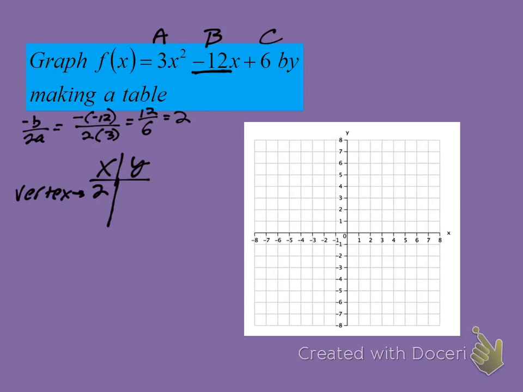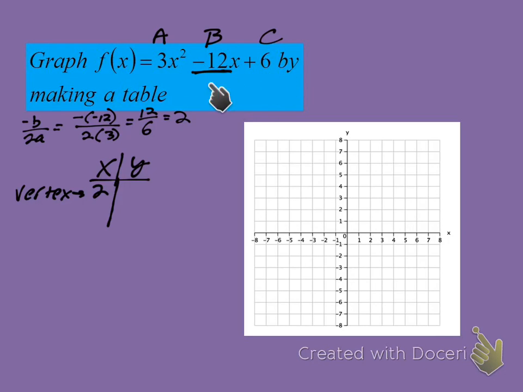That doesn't change whether you're talking about lines, quadratics, or polynomials. Same concepts, because remember last chapter where we were talking about relationships of numbers? These numbers are related by 3x squared minus 12x plus 6. So to figure out that y-coordinate, you need to put 2 into this function.